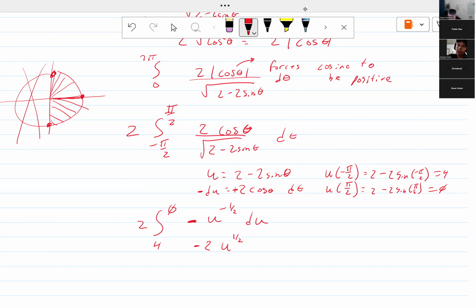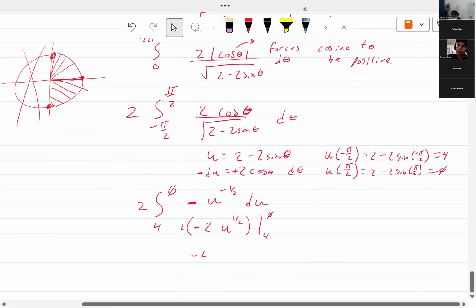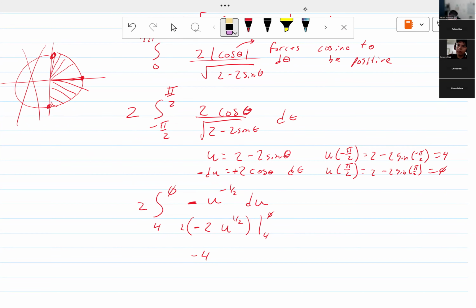So I get negative 2 u to the 1/2. That's all being multiplied by 2, and then from 4 to 0. So this is negative 4 u. Sorry, let's just plug in the 0 and 4. Negative 4 times 0 to the 1/2 minus negative 4 times 4 to the 1/2.